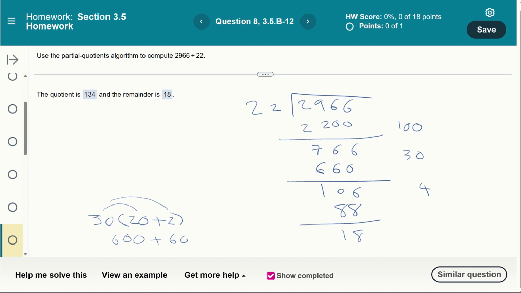So this is where we would stop, of course, because there are no 22s inside 18, and when this number is less than that number, we stop the process. So we go ahead and combine these on the right side. We get 134 with a remainder of 18. All right, so that's the partial quotients algorithm that we've done a couple of times now.